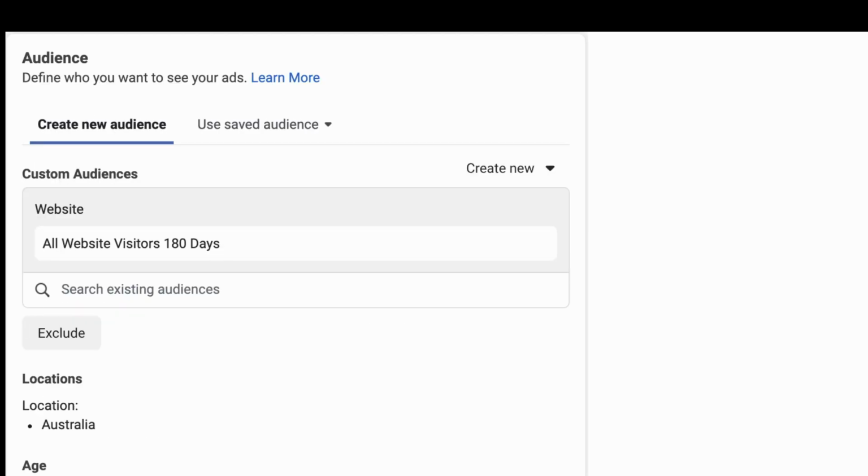And in the second audience, it's going to be going after people who have visited this client's website in the last 180 days. They're also a similar age, they're also in Australia as well, and we're really just testing to see which audience is going to be more effective in generating conversions and sales, which is the most important thing for this business to keep going and keep sustaining itself.